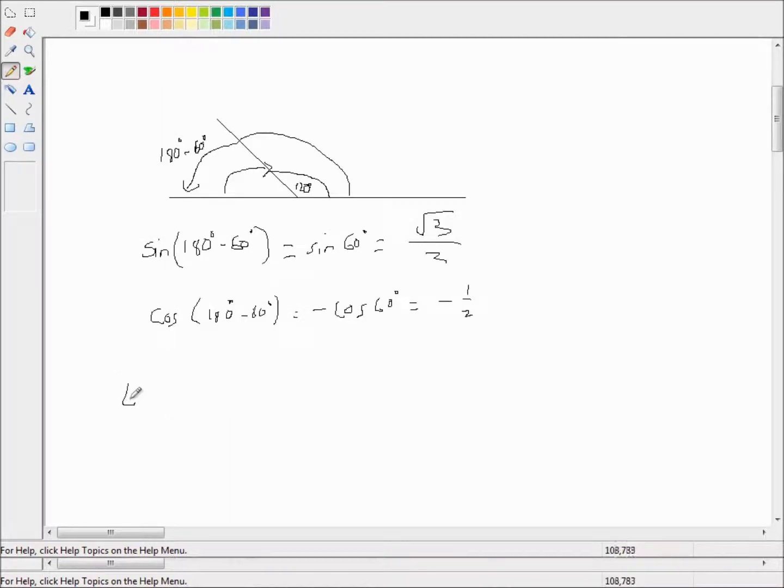So the tangent of 120 degrees, that's degrees not squared, is equal to root 3 over 2 divided by negative 1/2.